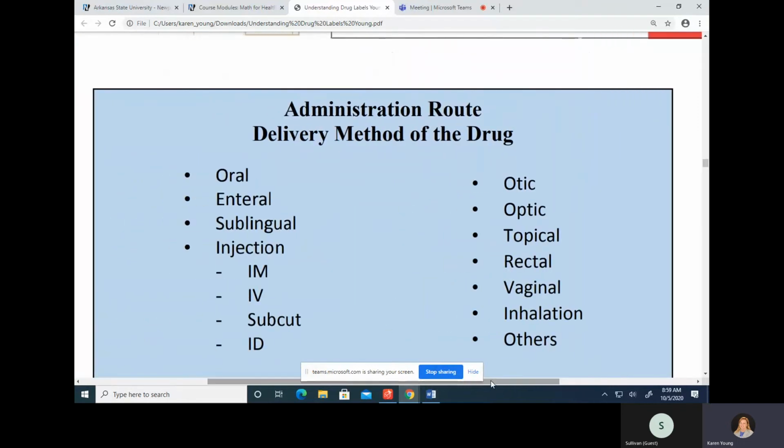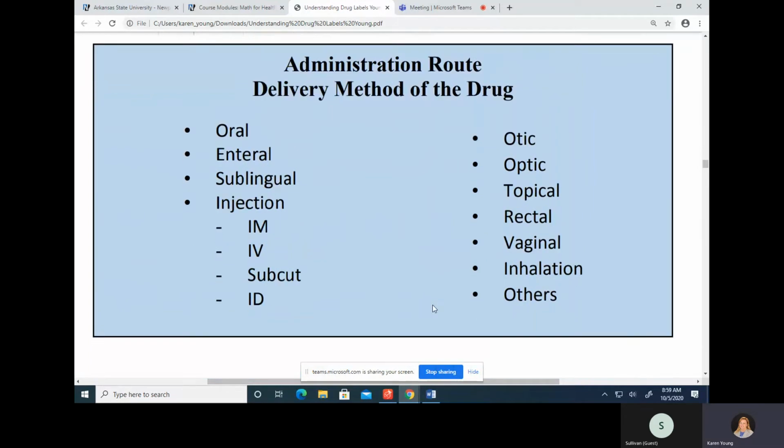So these are our routes, our delivery methods. You've got your oral, anything by mouth. Your enteral, that's like your feeding tubes, your J tubes. The injections, your IM, your IV, your subcut, and your ID, your intradermal. You've got otic, which is your ear, usually drops in the ear.